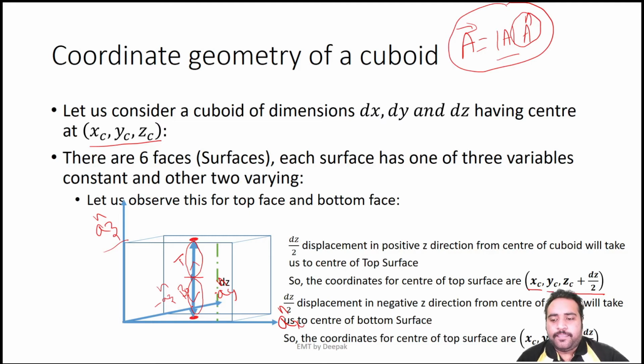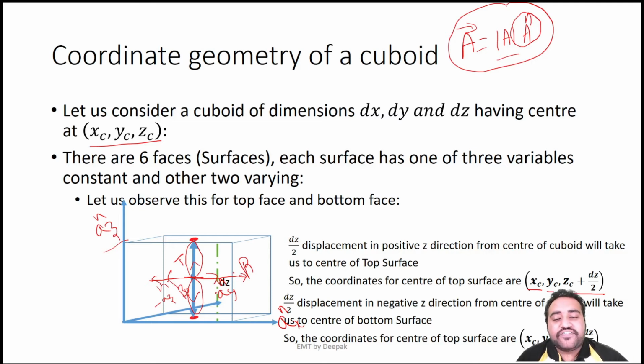Similarly, let us go to the right surface. To reach the right surface, you are moving along the x direction. To reach the left surface, you are moving along minus x. That means in this direction, the x value would increase, and in this direction, the x value would decrease.